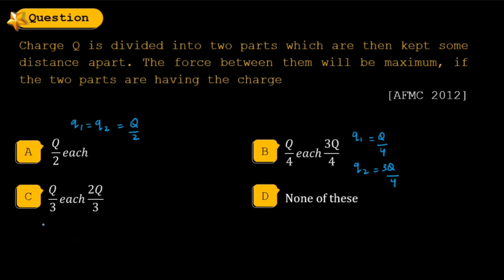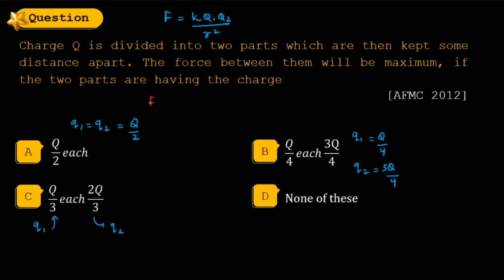In the third case, this is q1 and this is q2. You have to apply the relation of electrostatic force, which is k q1 q2 over r square, and figure out which of these three options gives the maximum force. Let us try to find it out.